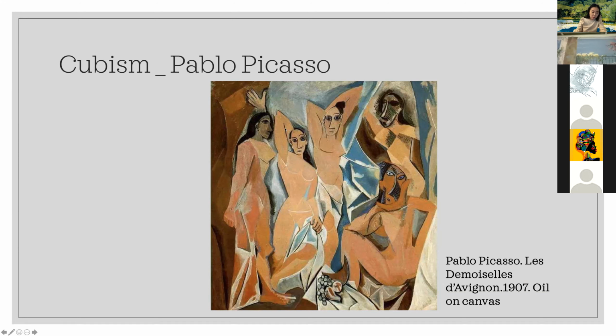The three figures on the left exhibit facial features in the Iberian style of Picasso's native Spain, while the two on the right are shown with African mask-like features. So the racial primordialism evoked in these masks, according to Pablo Picasso, moved him to liberate an utterly original artistic style of compelling, even savage force.